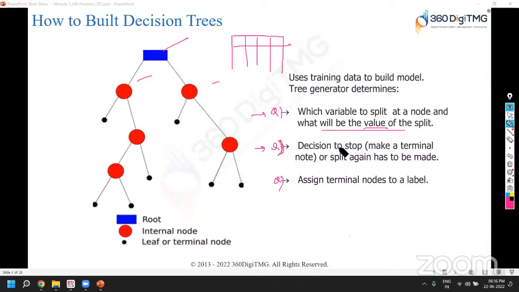That's the question. In short, when should I stop? And another point, will I be able to assign the leaf node or the terminal node to an output category? This is also something that we'll have to look at. It has to be mapped to the output label. These are some of the things that we'll have to look at.